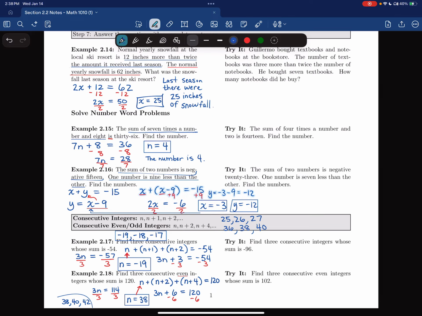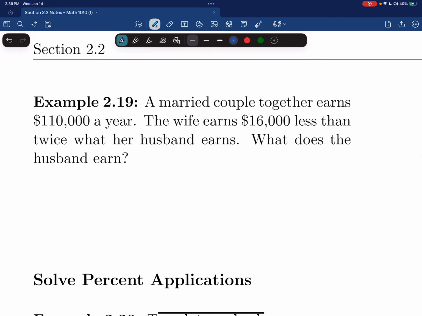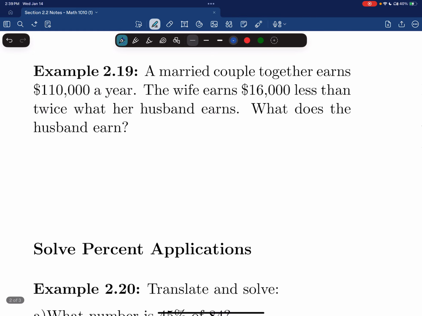All right, moving forward. Example 2.19. A married couple together earns $110,000 a year. The wife earns $16,000 less than twice what her husband earns. What does the husband earn? Let's break it down sentence by sentence.